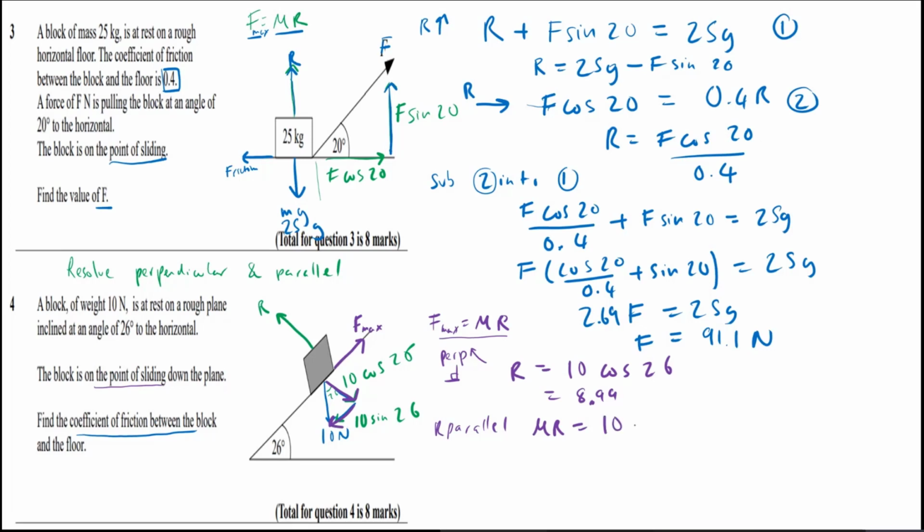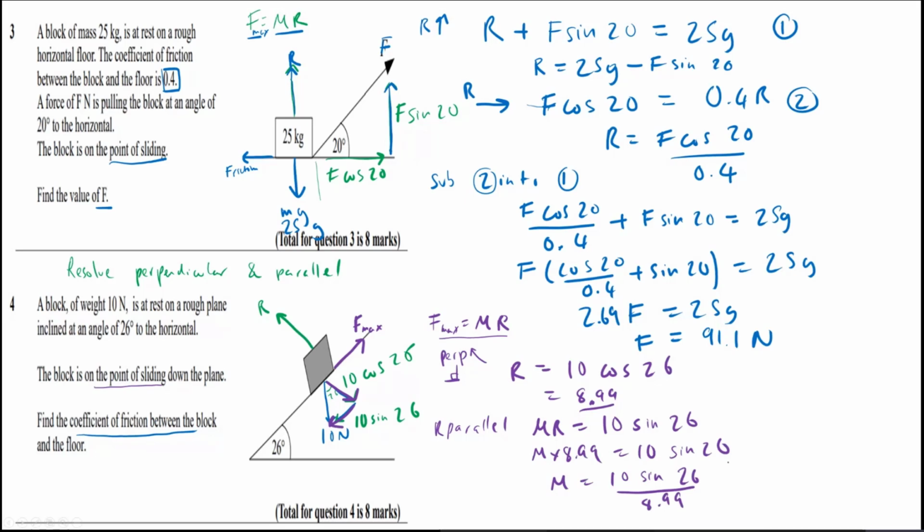So that's 10 sine 26. We know R is 8.99 from before. So mu times 8.99 equals 10 sine 26, and so mu must equal 10 sine 26 over 8.99.